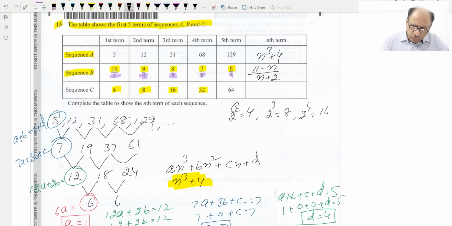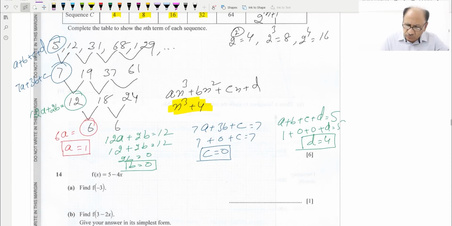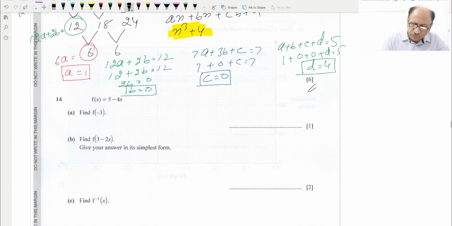So 2 for first term, so this will be 2 raised to power n plus 1. Only the first one, which is the cubic equation, was a little lengthier process. The rest of the two were simple. So this was a 6 marks question which we have done.